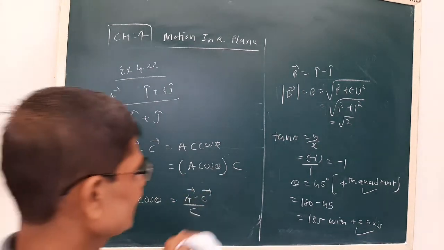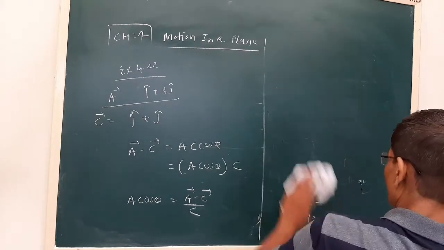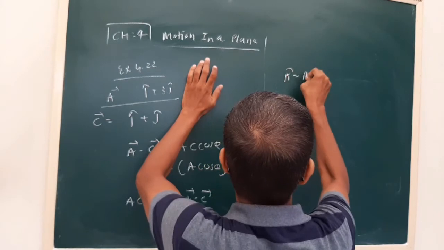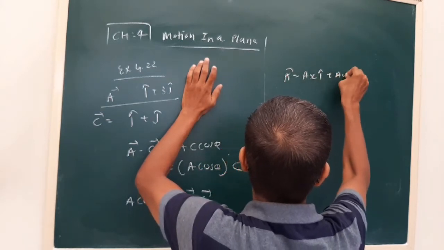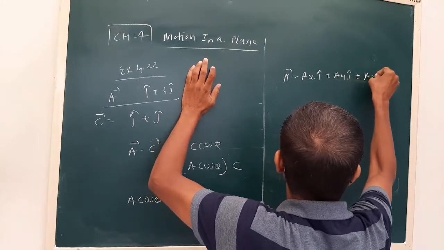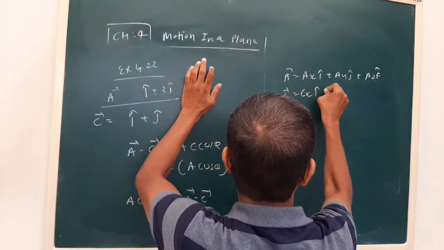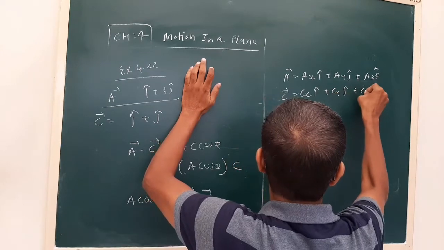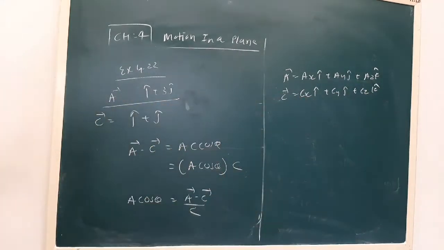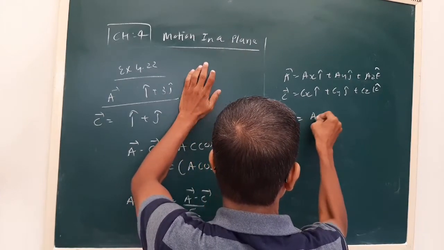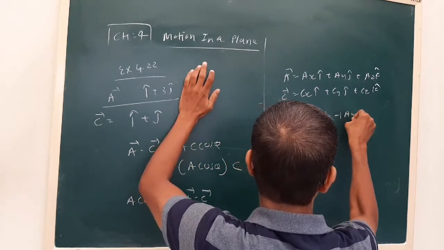Now recall the properties of the scalar product. A is AXi plus AYj. Let us say C is CXi plus CYj. Now A dot C will be AX CX plus AY CY.